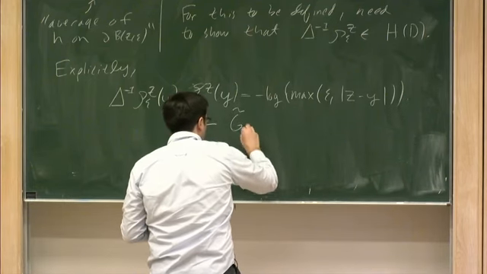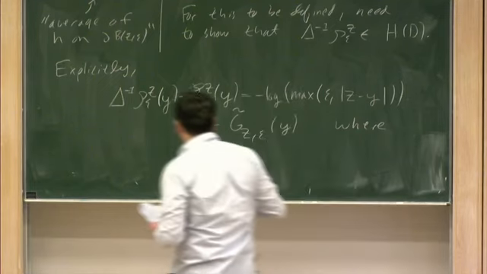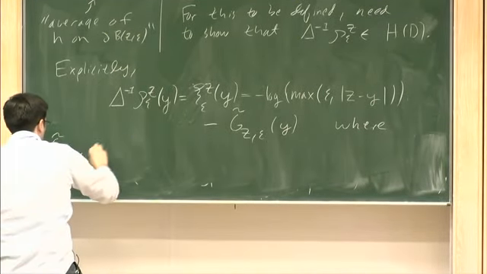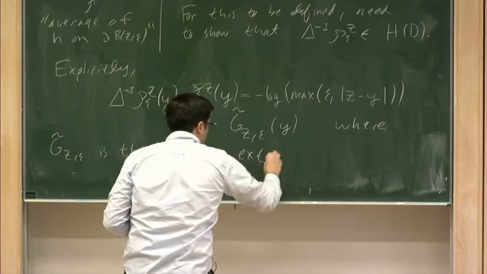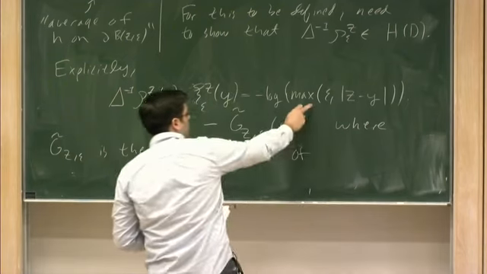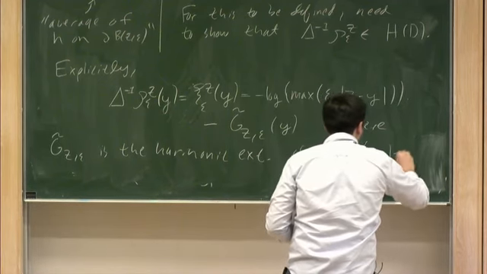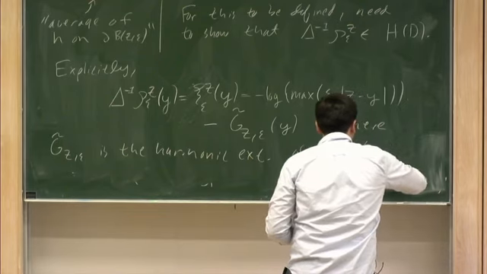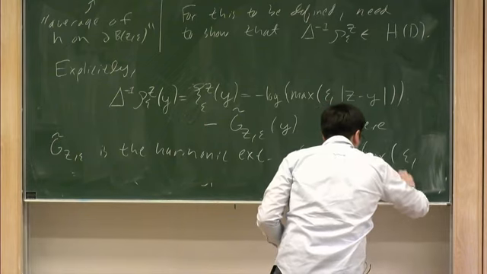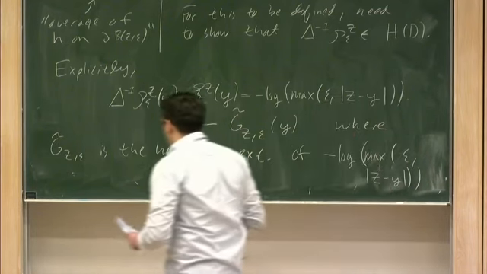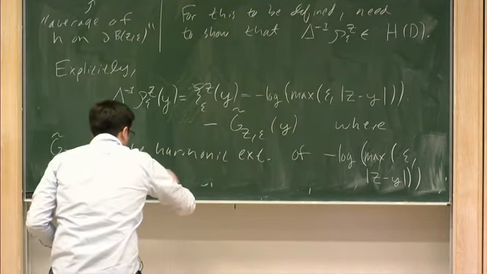We're going to call this correction g tilde sub z epsilon, where this g tilde is just the harmonic extension of this function, minus the log of the maximum of epsilon and the distance between z minus y, from the boundary of the domain to the interior of the domain.